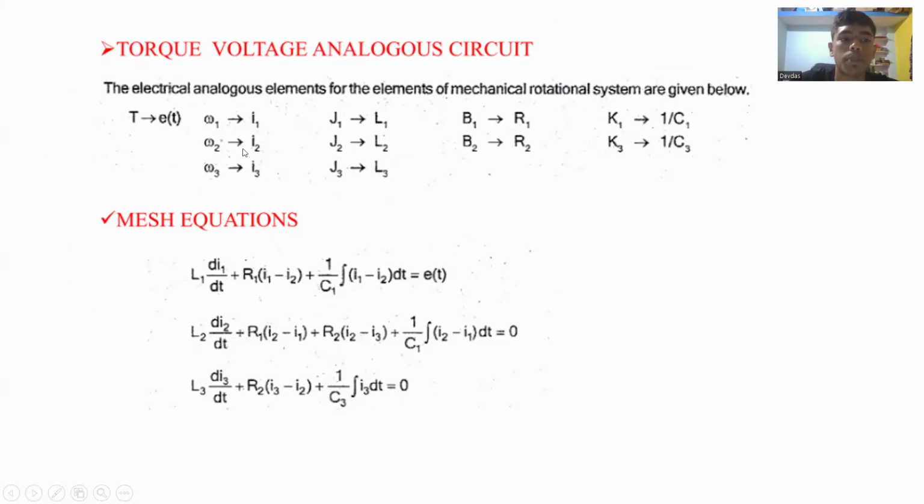So we'll first go through the mesh analysis or the torque voltage. So you can see that J1 is the replacement of L1, L2 is a replacement of J2, my bad, and L3 is a replacement of J3. So you replace these equations.